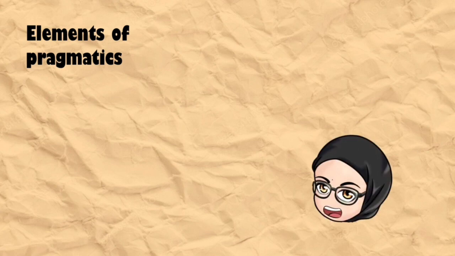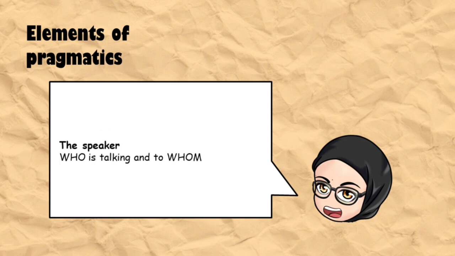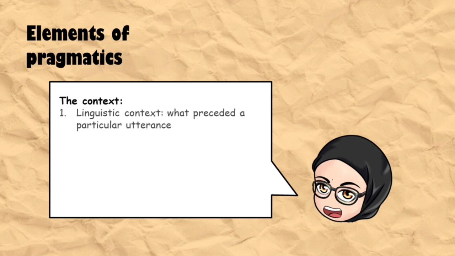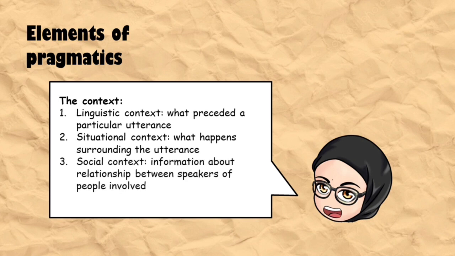In order to interpret utterances pragmatically, we need to consider several things: the speaker, the context, the speaker's intention, and regularity. The speaker is who is talking and to whom. The context is divided into 3 categories: linguistic context, what preceded a particular utterance; situational context, what happens surrounding the utterance; and social context, information about the relationship between the people involved.